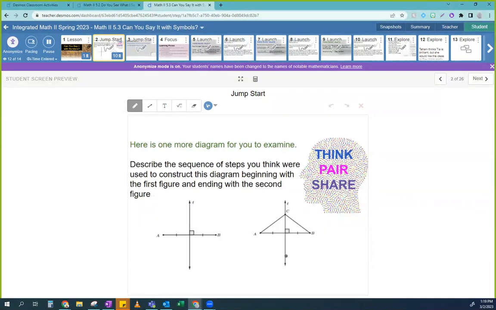Oh, it looks like a plane. That's funny. I didn't even think of that. Very good. Do you see this triangle? Good. Maybe they're gonna draw a cute little house. I agree. Why not? Very good.